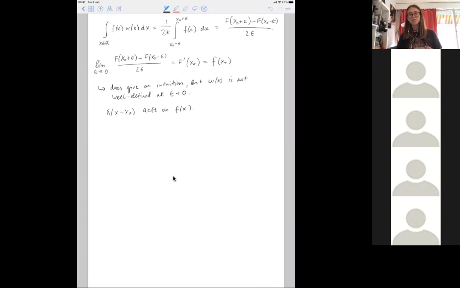But we can also just think about the delta function as something that only makes sense if it's put in the integral, and then the value of the integral depends on the function f of x on which we're acting with this delta function.